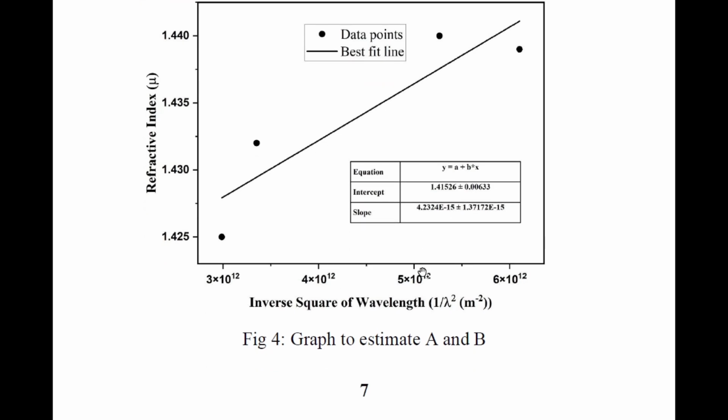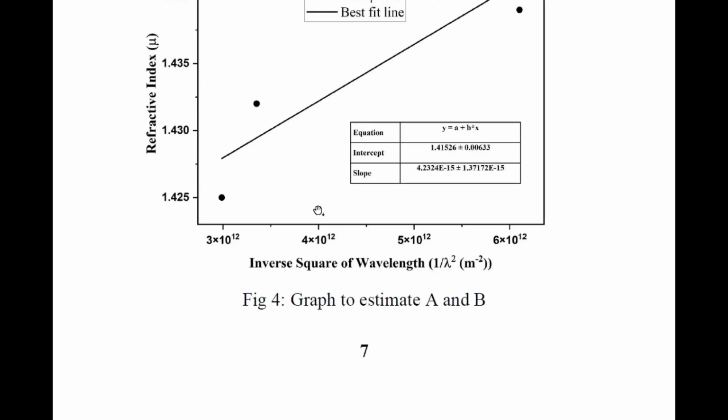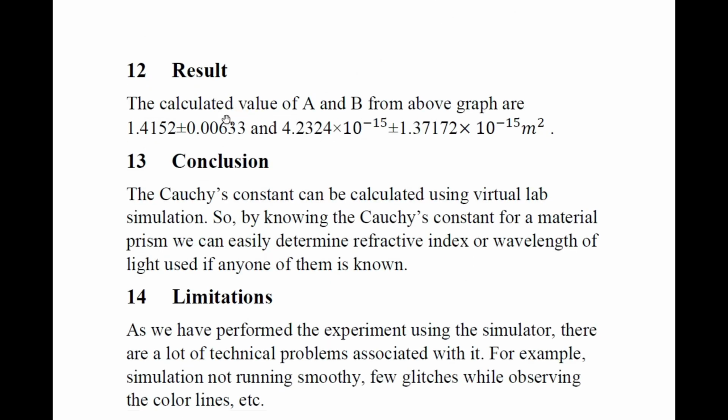So here we can say that A, the Cauchy constant A, is actually the intercept, and the slope gives the Cauchy constant B. So we have calculated the values of A and B from the graph.